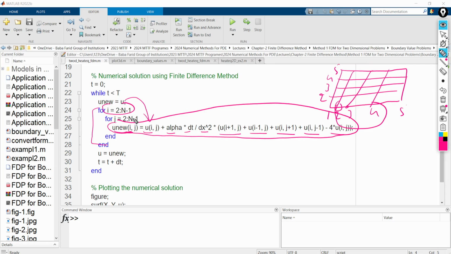Since we apply the while condition here, the solution will initialize for t equal to 0 and will go up to t equal to 1.